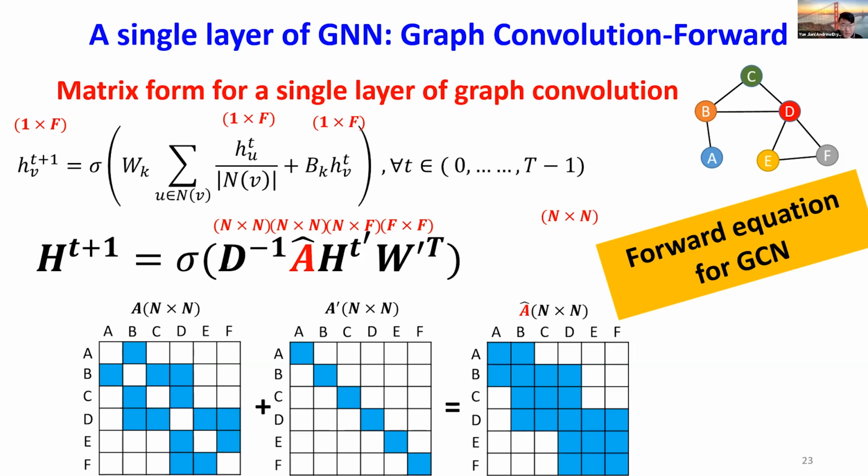If we check the shape of the equations, the normalizing matrix is n by n, the adjacency matrix is n by n, and the node feature is n by f. The weight matrix is f by f. The product of these matrices will still be n by f, and it's the same with the h t prime.